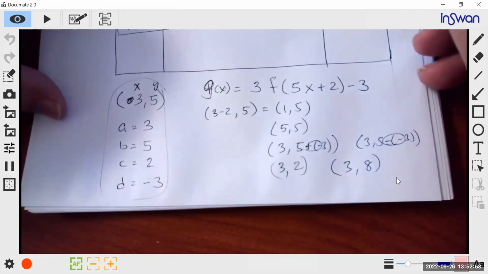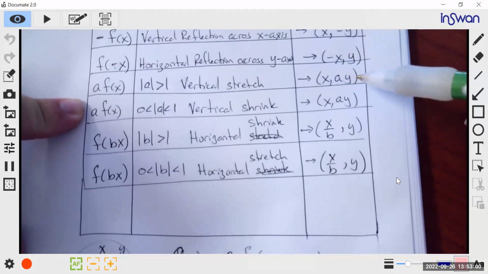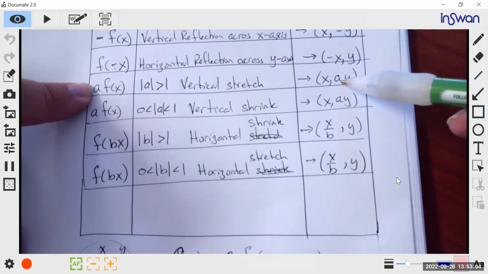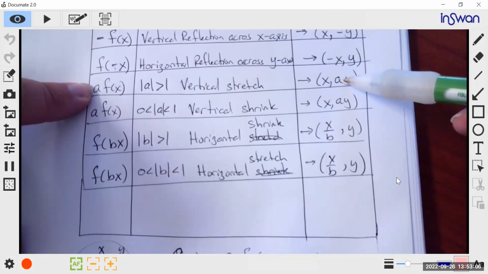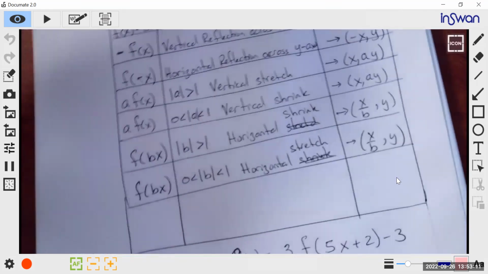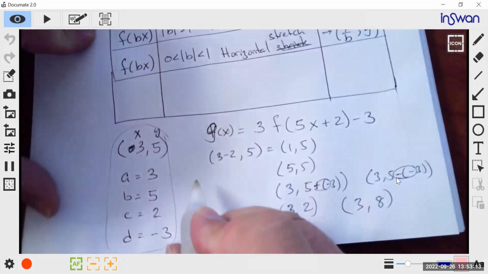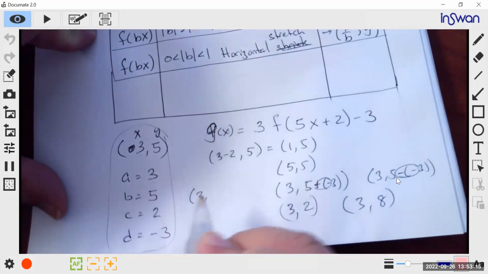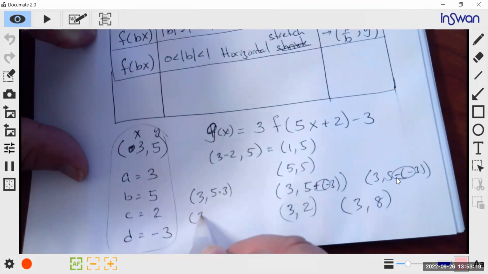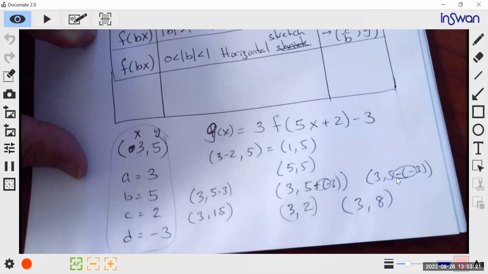How about vertical and horizontal stretches? These last 4. The vertical stretches, you simply multiply the a value to the y value. Leave the x's alone. So 3, 5 times 3. So it's 3, 15.